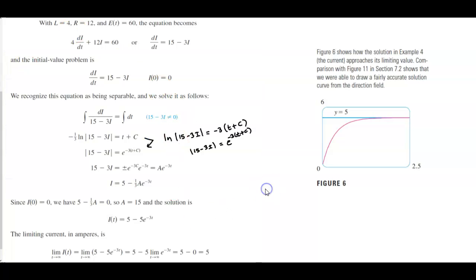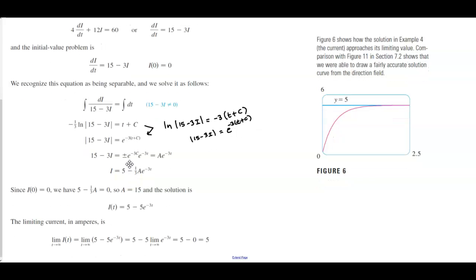And so now, since we have the absolute value, we can separate this using our properties of exponents. So we're going to have e to the negative 3c times e to the negative 3t. And remember that this is plus or minus if we're taking away the absolute value. So we can rewrite a to be equal to plus or minus e to the negative 3c.